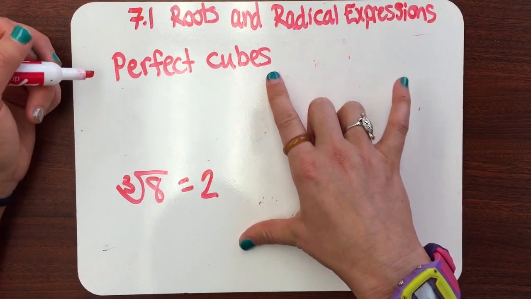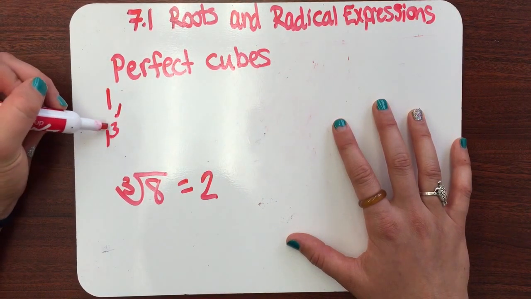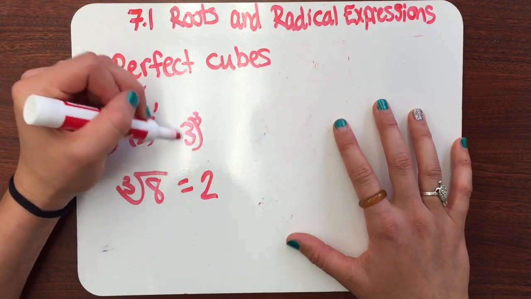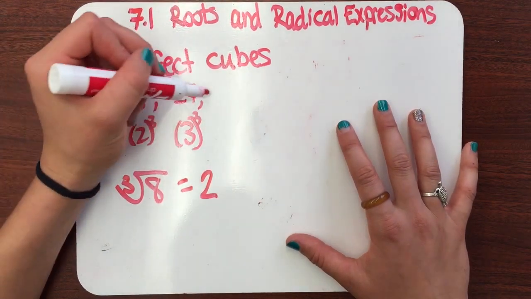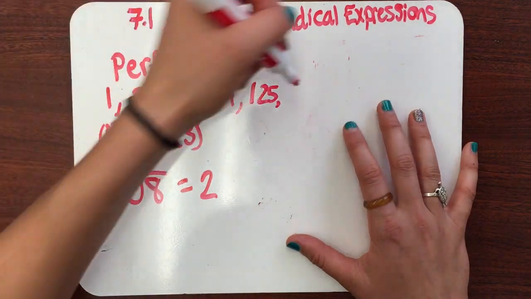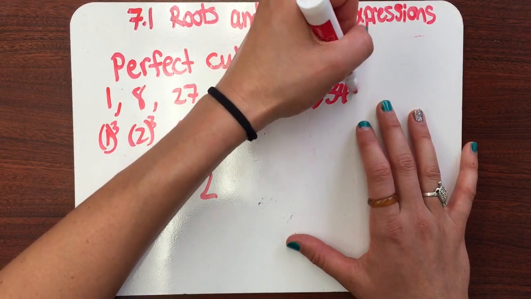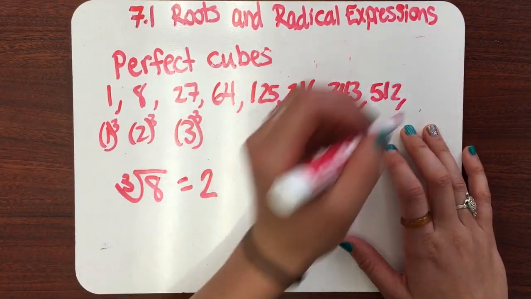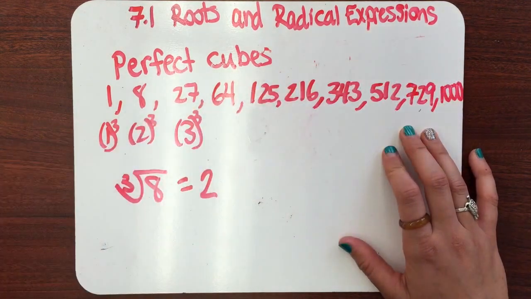So some perfect cubes here will be, well, 1 cubed is 1, 2 cubed is 8, 3 cubed is 27, 4 cubed is 64, 5 cubed is 125, 6 cubed is 216, 7 cubed is 343, 8 cubed is 512, 9 cubed is 729, and 10 cubed is 1000.